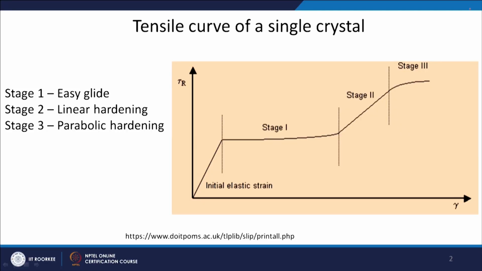If you look at a tensile curve of a single crystal, initial studies, when people were trying to understand this deformation, were done on single crystals to at least understand the role of crystallography, or crystallographic planes and directions, in this whole deformation process. The Schmid factor which we discussed is also for a single crystal.